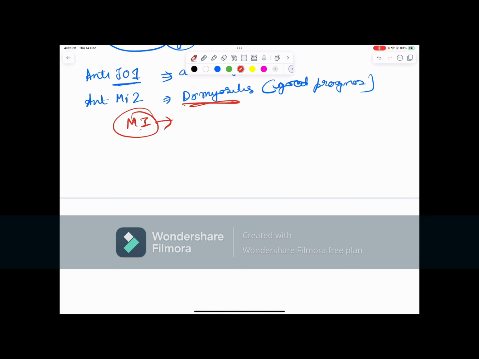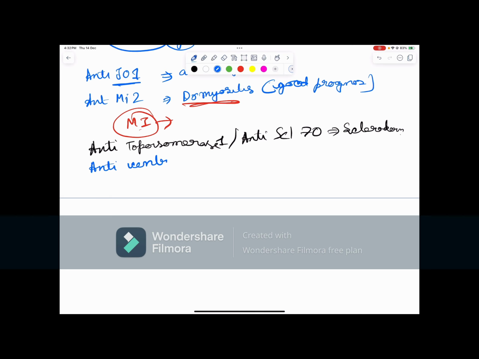Now for anti-topoisomerase 1 and anti-Scl70, you have to remember scleroderma. Anti-topoisomerase 1 is a lengthy name. Topoisomerase 1 or anti-Scl70, it is associated with scleroderma. And then anti-centromere, CREST. Suppose this is a chromosome with the centromere in between.